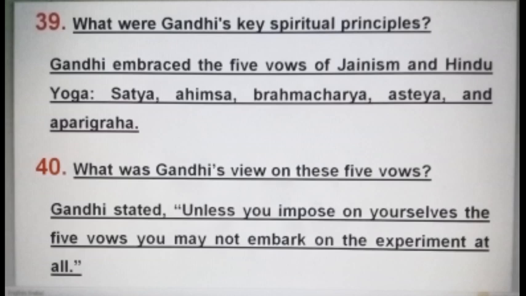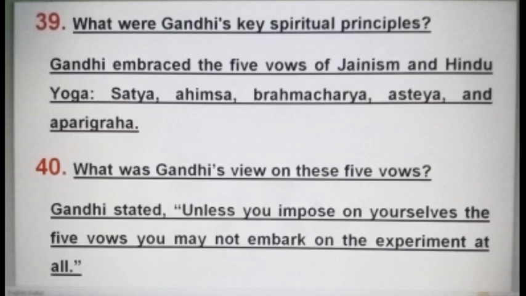What were Gandhi's key spiritual principles? Gandhi embraced the 5 vows of Jainism and Hindu yoga: Satya, Ahimsa, Brahmacharya, Asteya, and Aparigraha. What was Gandhi's view on these 5 vows?